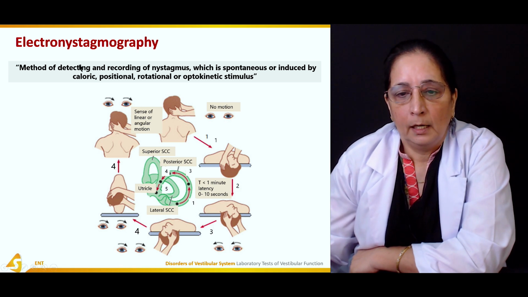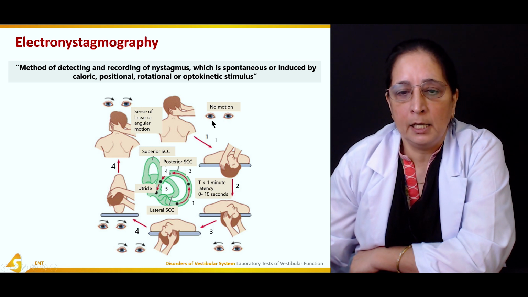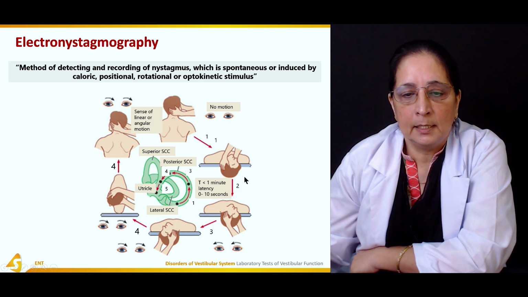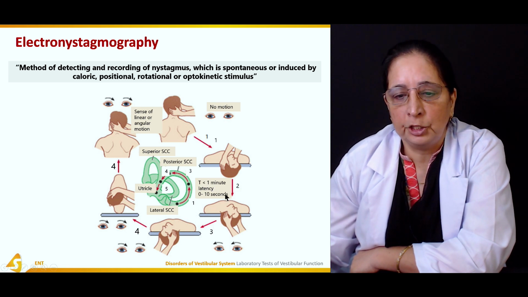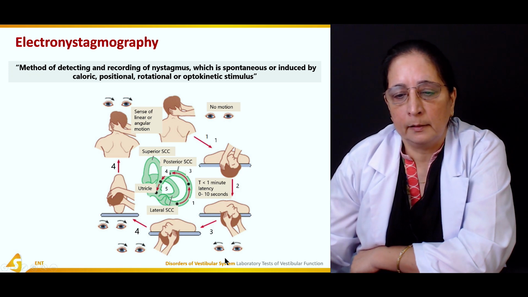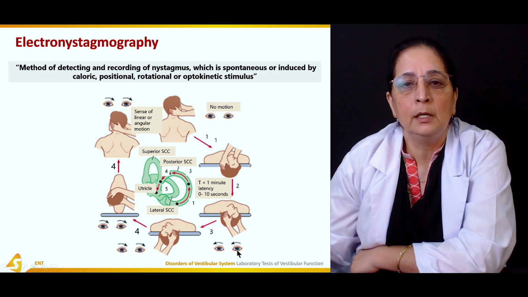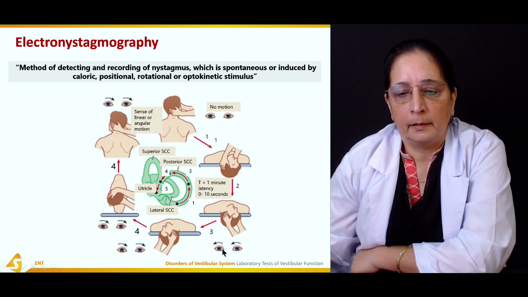In this, if you see, there is no motion of the eye. Then if there is rotation of the head to one side, there is a latency of less than 1 minute, and then you can see if the head is turned to the left, the eyes move to the right side.